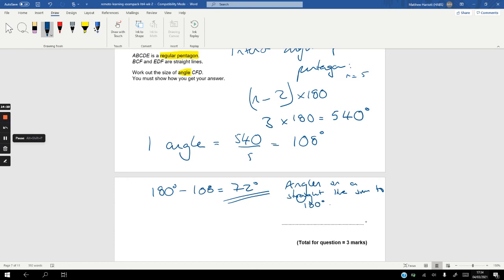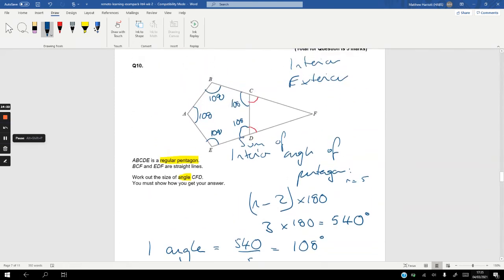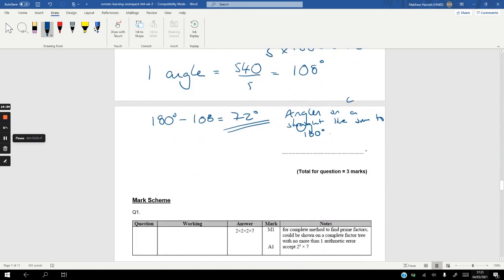So if I've got 72 degrees and 72 degrees, then it should be really easy for me to find this angle here, which is my last one. Call that x. That gives me 72 plus 72, which is 144, and 180 minus 144, and I get 36 degrees.